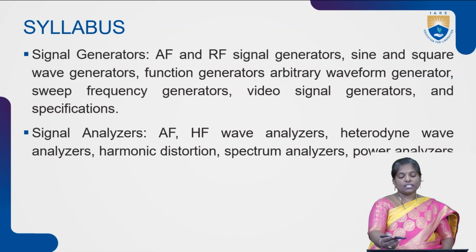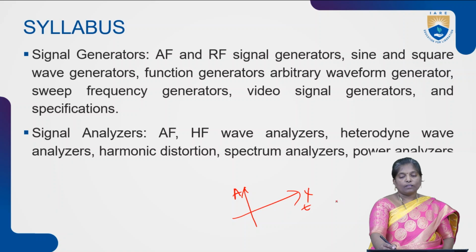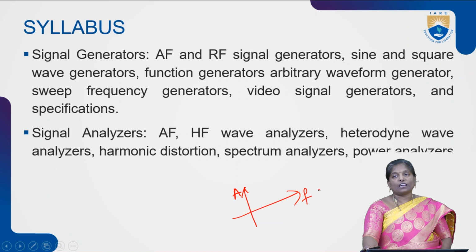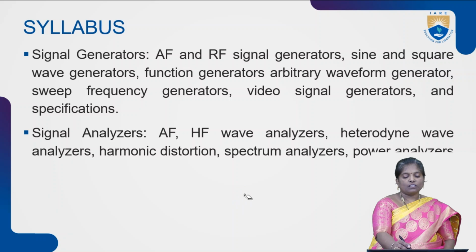Normally if we are using a CRO, the x-axis represents time period, whereas the y-axis represents amplitude. But in the spectrum analyzer, the x-axis represents frequency and the y-axis represents amplitude, so that it can operate for high frequencies.